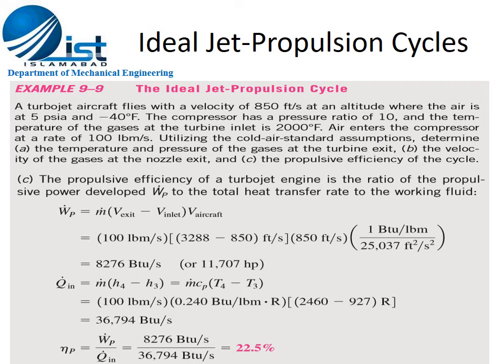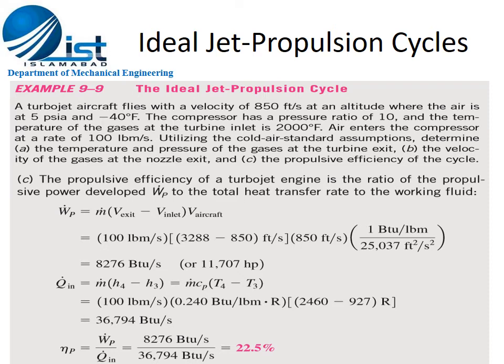To find the propulsive power, we can use the relation m dot delta V into V, or W_P equals F into V of the aircraft. Velocity at inlet is known in the problem, and velocity at exit we have calculated.